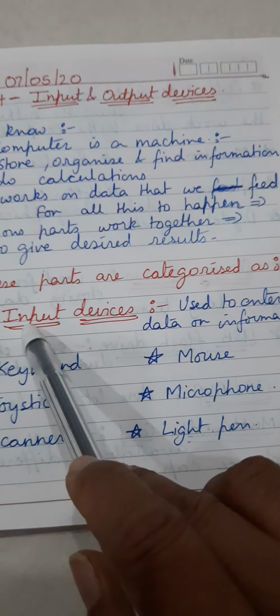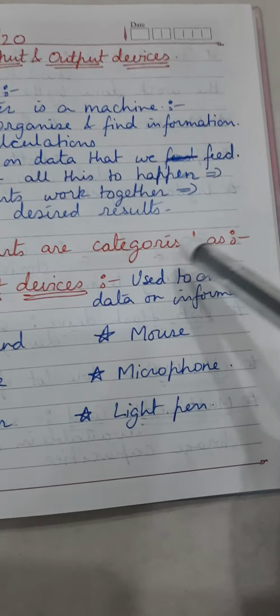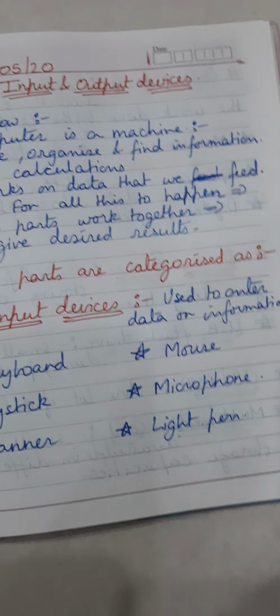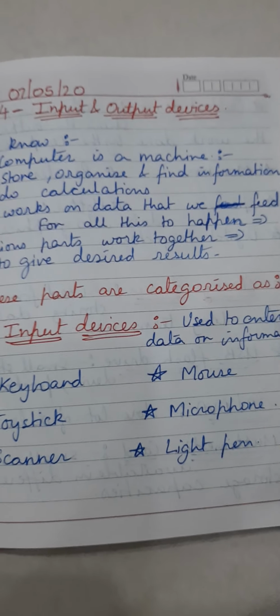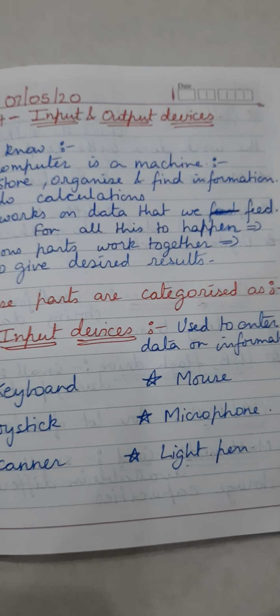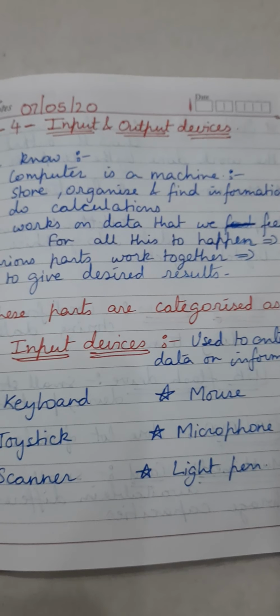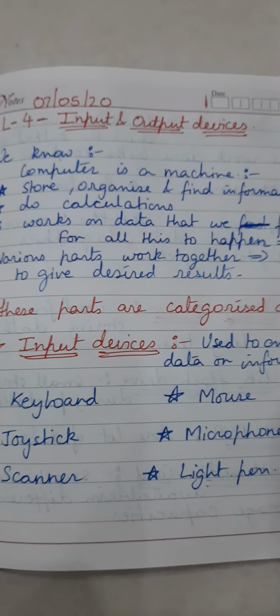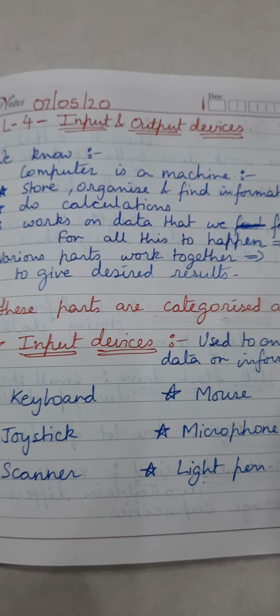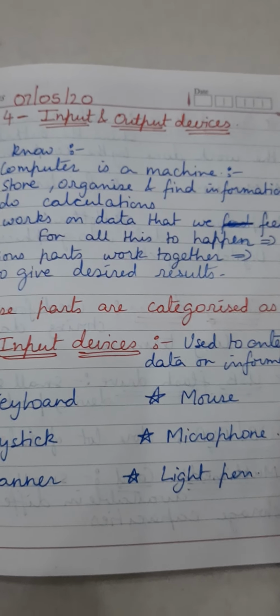Input devices, as the name suggests, are used to enter our data or information. It is just like, suppose we are eating, the food that is going inside us is the input we are giving to the body.